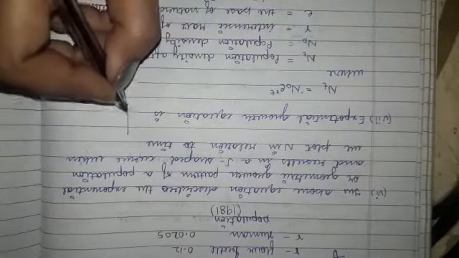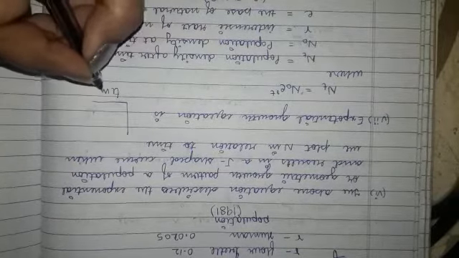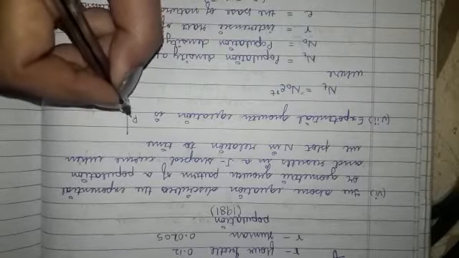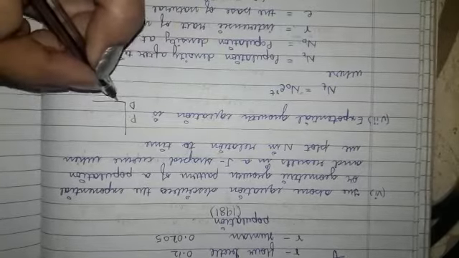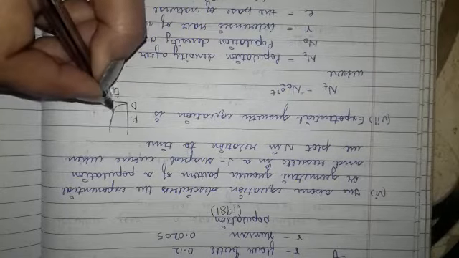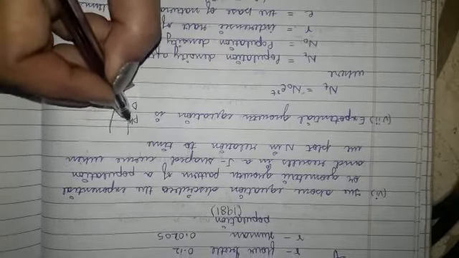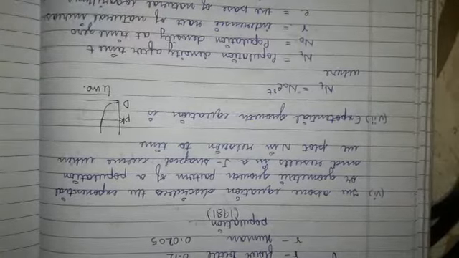If we plot a graph of exponential growth with time and population density, then the exponential growth curve comes out to be J-shaped, where this is K. K is showing the carrying capacity. We will discuss it.